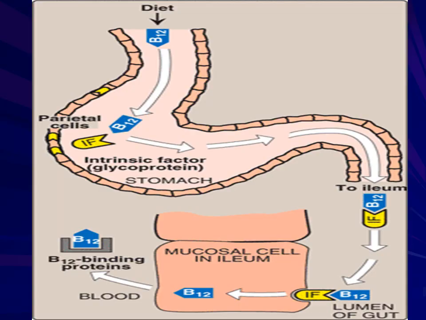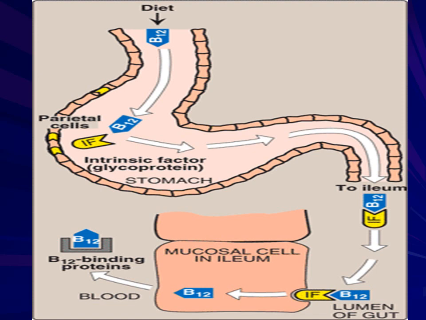This figure shows how the absorption and transport of vitamin B12 occur. So vitamin B12, present in diet, enters the stomach. In the stomach it needs the presence of intrinsic factor, which is secreted by the parietal cells of the stomach. It will form the vitamin B12 intrinsic factor complex.